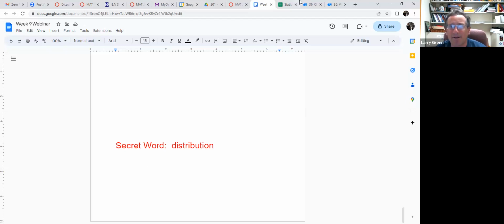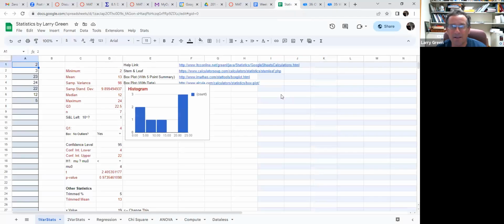Okay, what I want to talk about now is a little bit about the project. And I want to remind you, this is not project 1. This is project 2. Any guess what you're going to have to do with the spreadsheet for project 2?